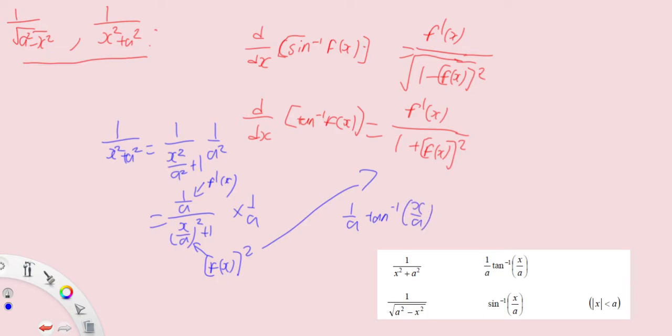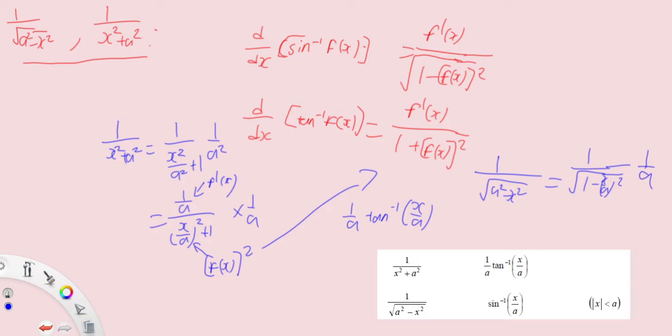Right? Same thing for this one, it's almost the same method. Now I have 1 over root a squared minus x squared. I convert it to 1 over root 1 minus x over a whole thing squared, and then because I factorize out root a squared, it's basically 1 over a.